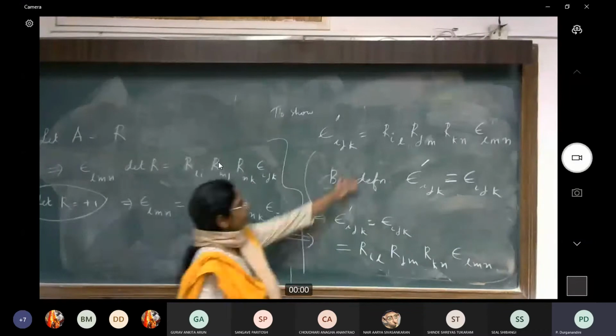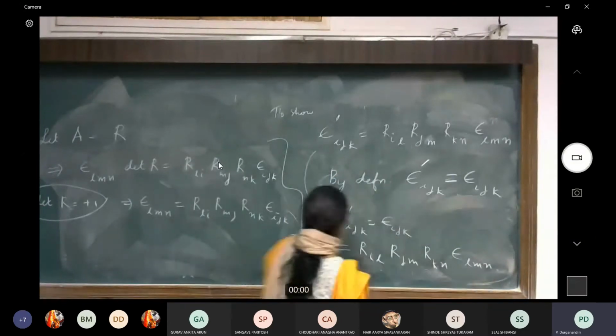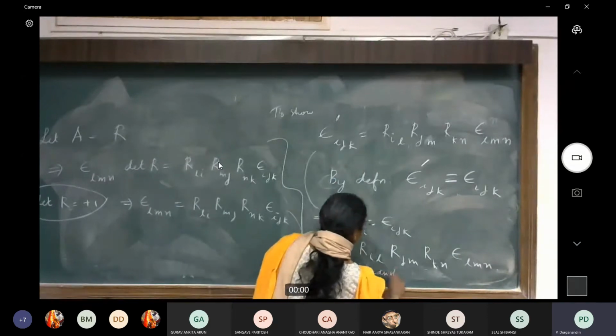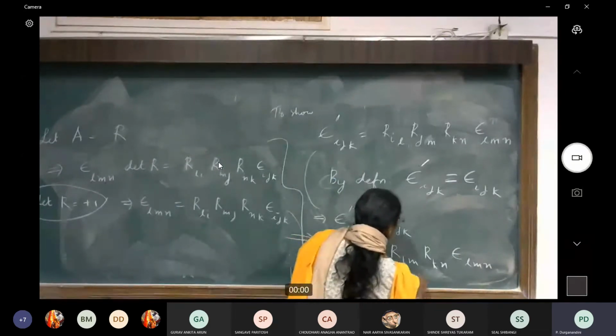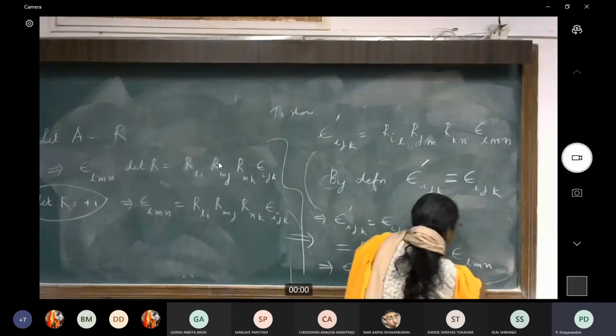And therefore I'm done. So this tells you that epsilon transforms like a rank 3 tensor.